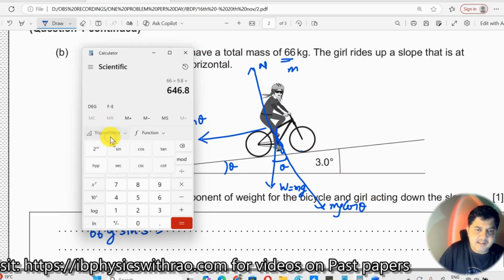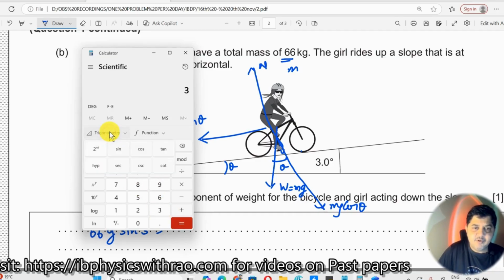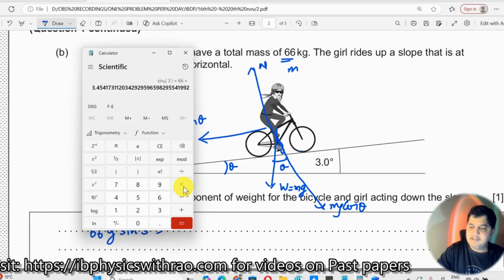I'll just write 3 here, go to trigonometry, find the sine value of 3 degrees. Now multiply this by 66, multiply by 9.8, and we get the answer 33.85.